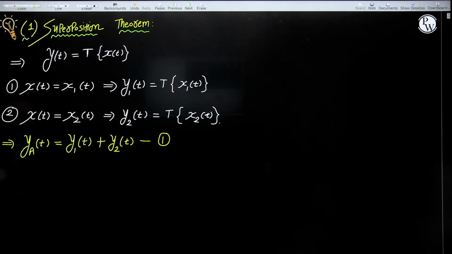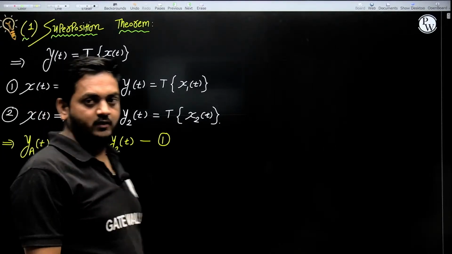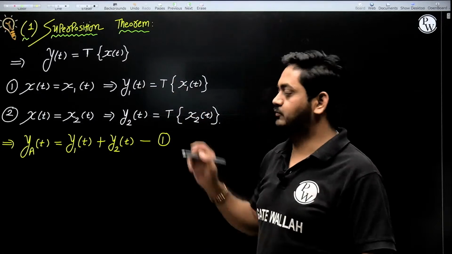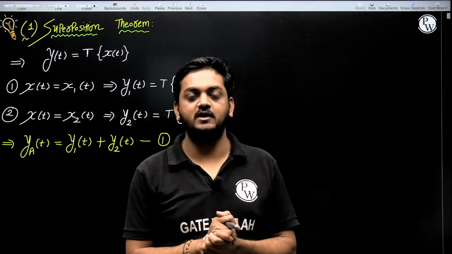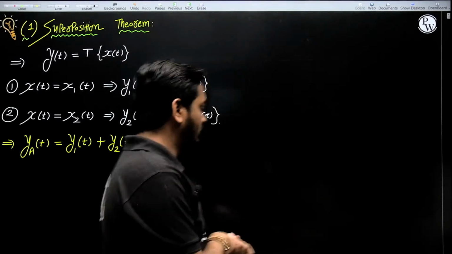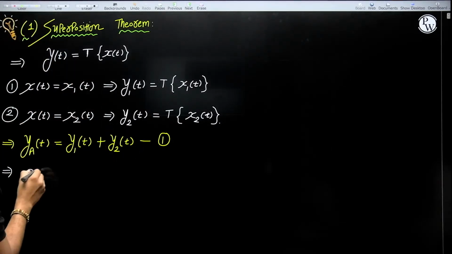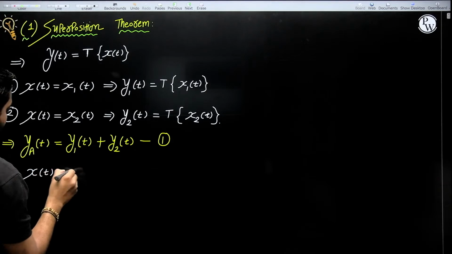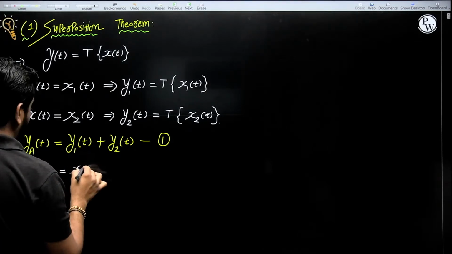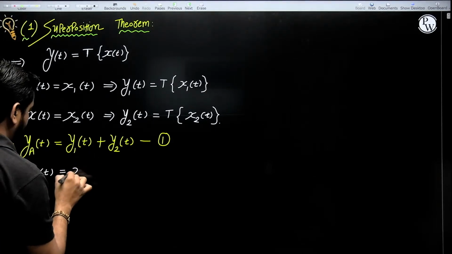First we found the individual responses. Now we find the response due to combined input. In the third case, replace x of t with x1 of t plus x2 of t. You can take x1 minus x2 also.